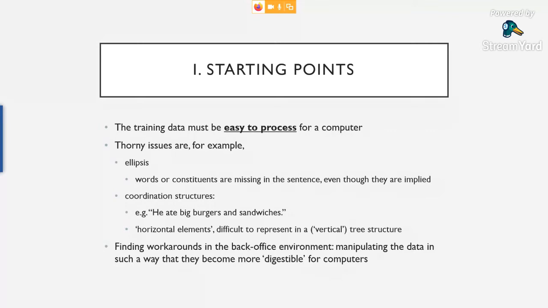There are many verbs, especially the copula, which isn't always expressed in Greek as we would expect it. And that's a very difficult point, of course. And another issue, which is easier for us as human beings, is coordination. A trivial example sentence in English would be: he ate big burgers and sandwiches.